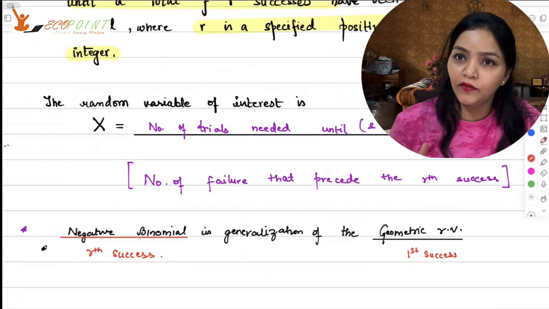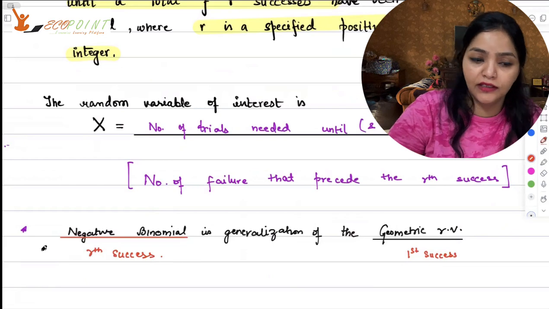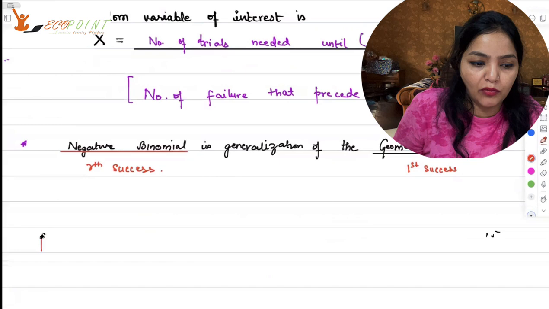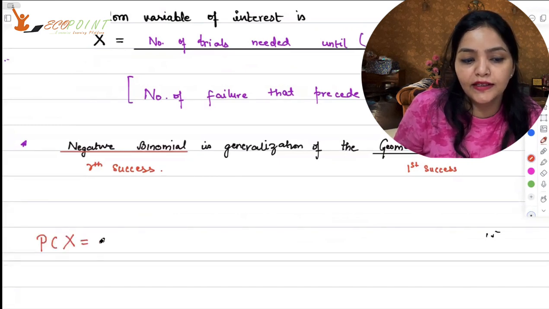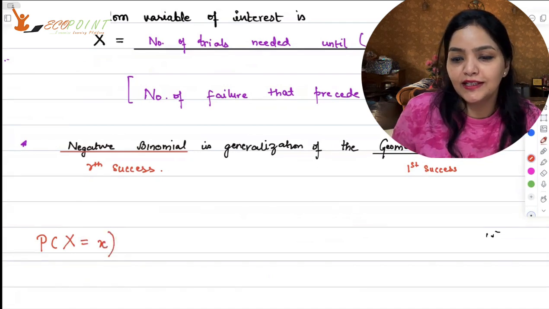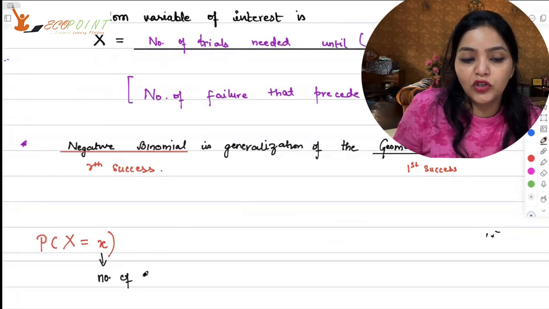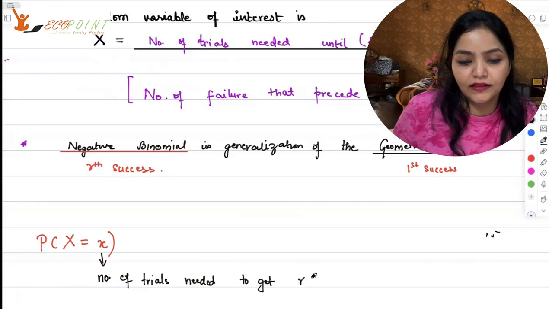Keeping in mind what our random variable is here, let's try to find out the probability. So what will be the PDF or PMF? The probability mass function would be defined as probability X equal to, say, x. Now, when you're saying probability X equal to x, what is this x? This is the number of trials needed to get R successes.